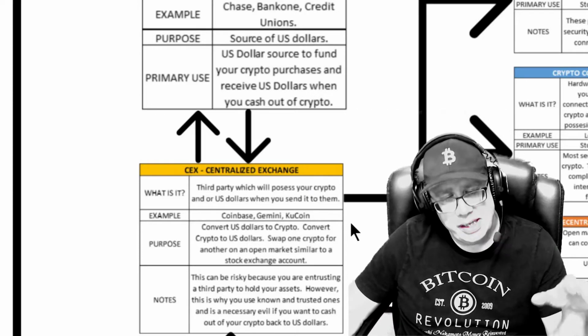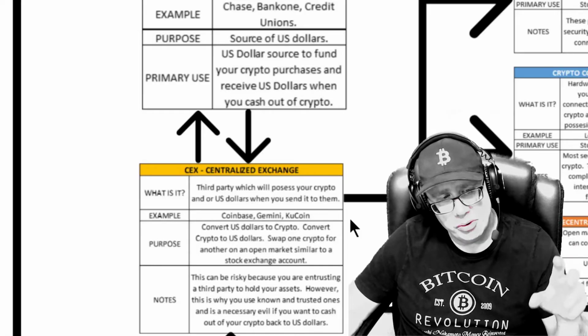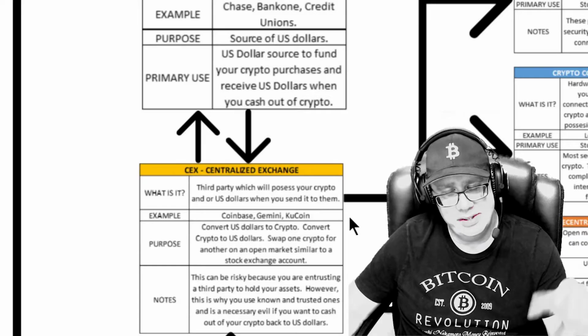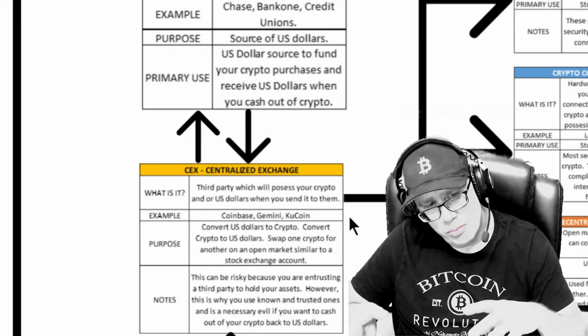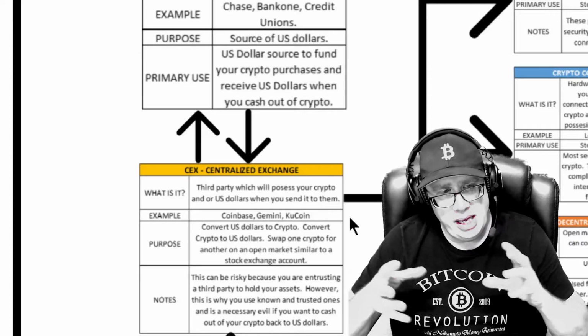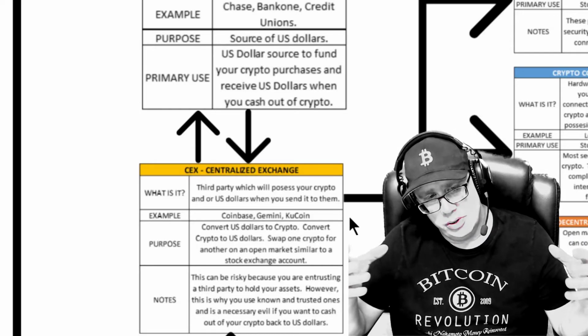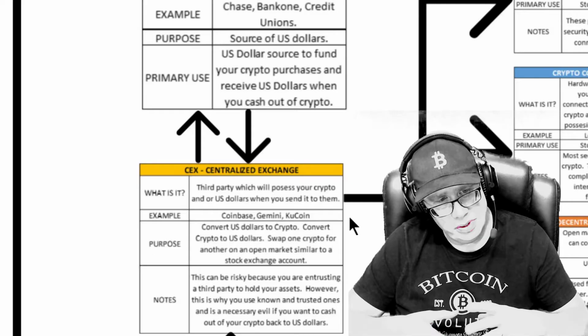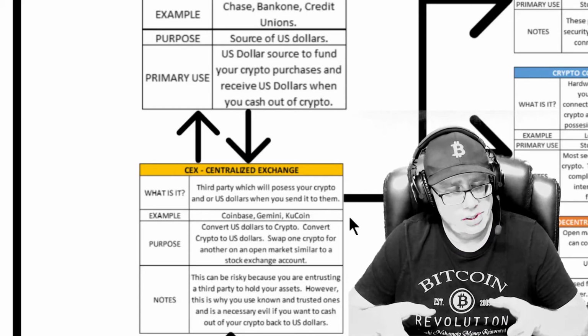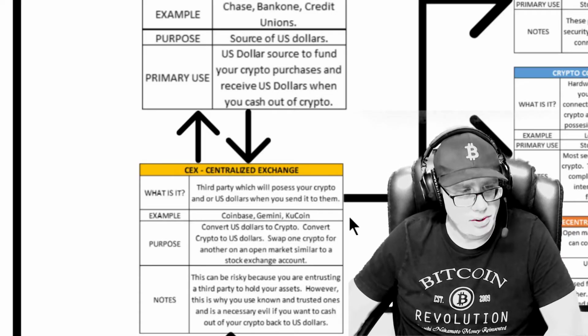The CEX provides multiple purposes, but the primary one is that this is your fiat, or US dollars, gateway into crypto. You move your dollars to the centralized exchange, and this is where you get your first bit of Bitcoin or other things.